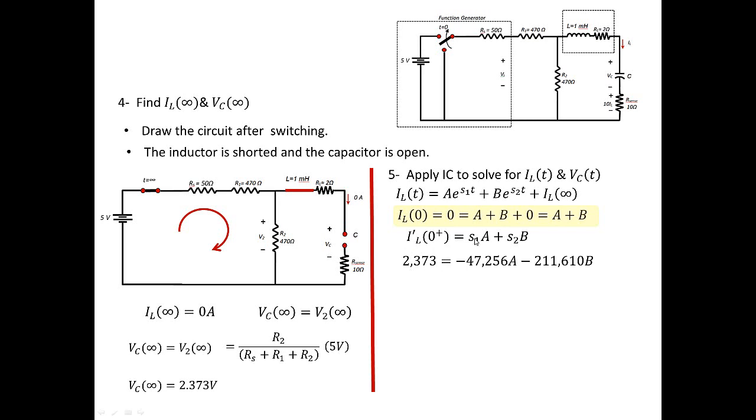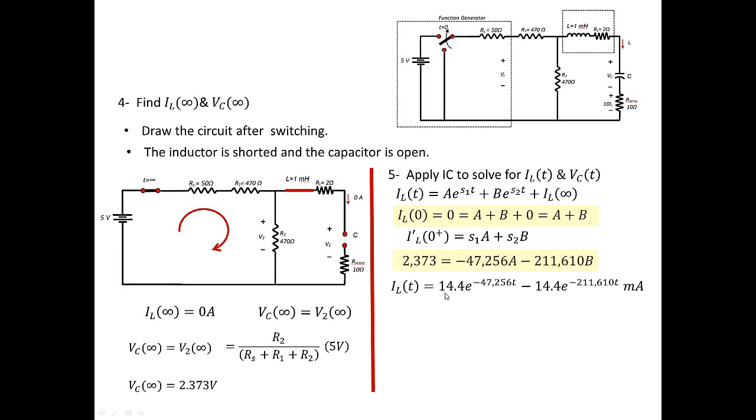We know the value of S1 and S2. So now we have the second equation for A and B. Now we have two equations, two unknowns, and we can solve for the constants A and B. I end up solving for A and B to be 14.4 and minus 14.4 milliamps.